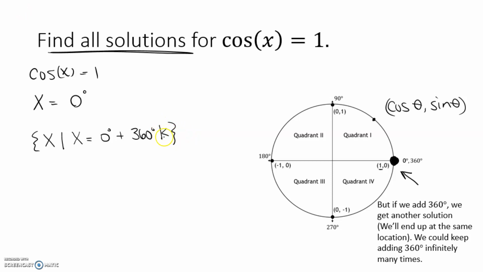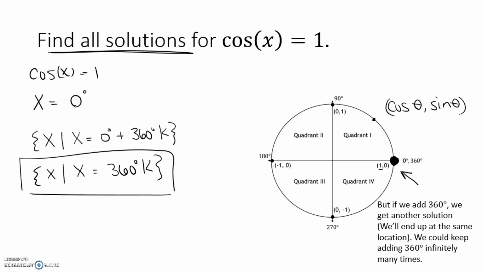Now k can be from 0 up until whatever it wants to be, because I could add 360 once, or twice, or 3 times, and I can keep going, and I can get back to this point right here. Which would boil down to x is equal to just 360k, since we were adding a 0. And this would be all of our solutions for cosine of x is equal to 1.